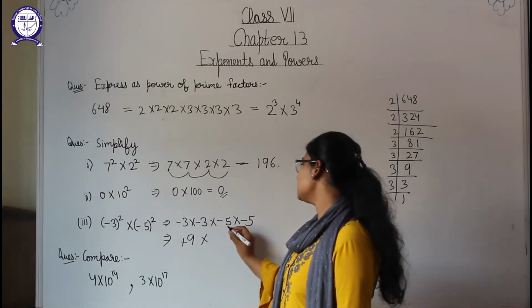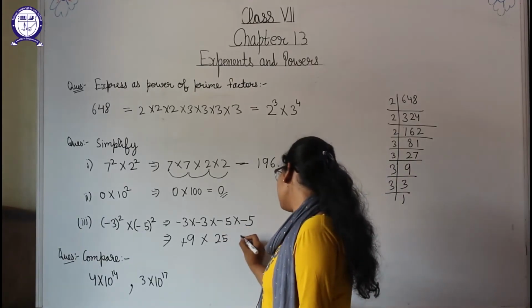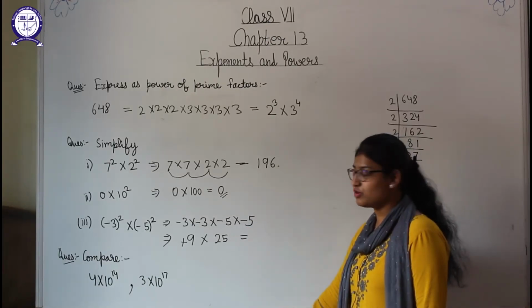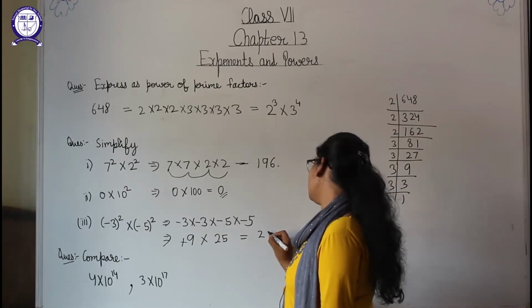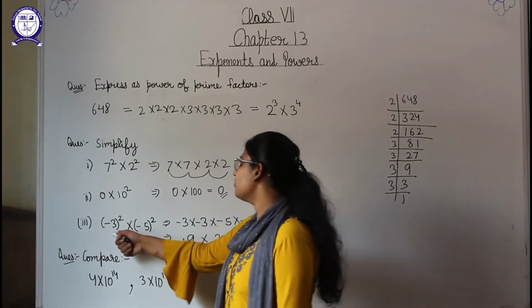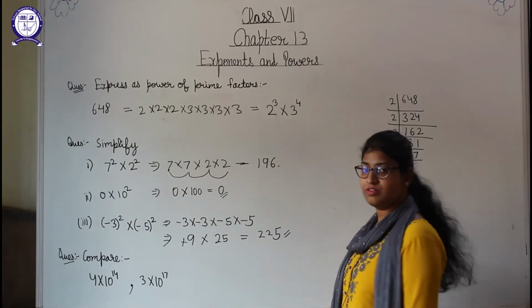Then minus 5 into minus 5 is 25, the minus sign will be positive and 5 fives are 25. Now 25 into 9 gives us 225. So the answer of minus 3 square into minus 5 square is 225.